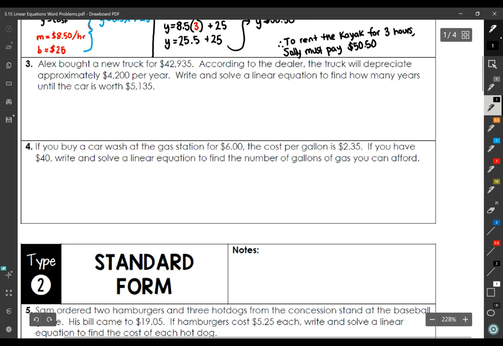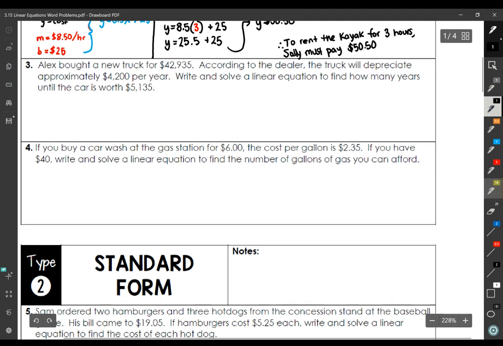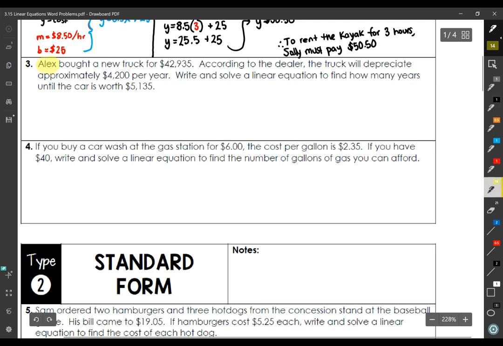Okay, so again, to create our equation, we are going to use the first pieces of information. Then later we'll deal with the rest. So let's just start with our equation. First things first, what is our x? What is our y?